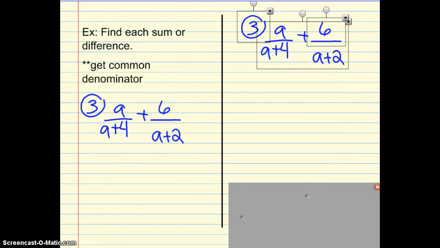Now on the bottom what we have are binomials, and I guess the first thing is that I don't think this looks like an A. This should be A plus 4 and A plus 2, and I bet that top one doesn't really look like an A either.